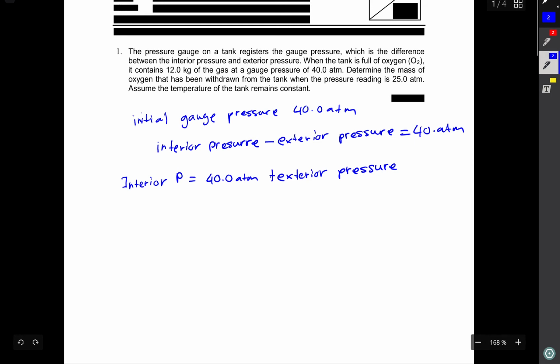The interior pressure is the absolute pressure, and we always need the absolute pressure. So the absolute pressure is 40 atm plus the atmospheric pressure, which is 1 atm, which gives you 41 atm. The same thing for the final. So this is initial. For P final, the absolute pressure is 25 atm plus 1 atm.